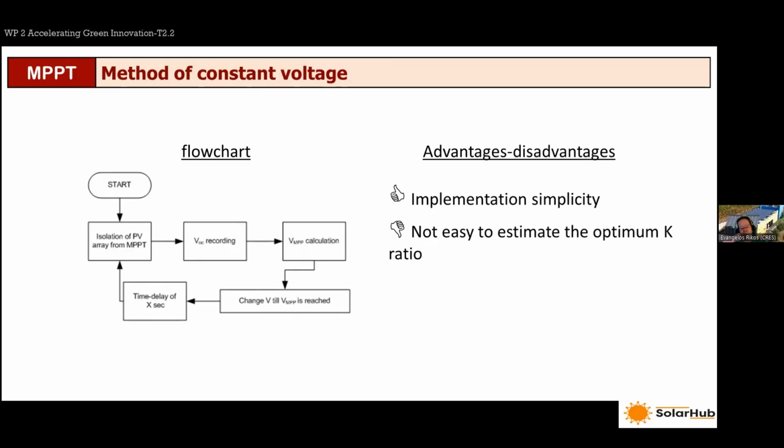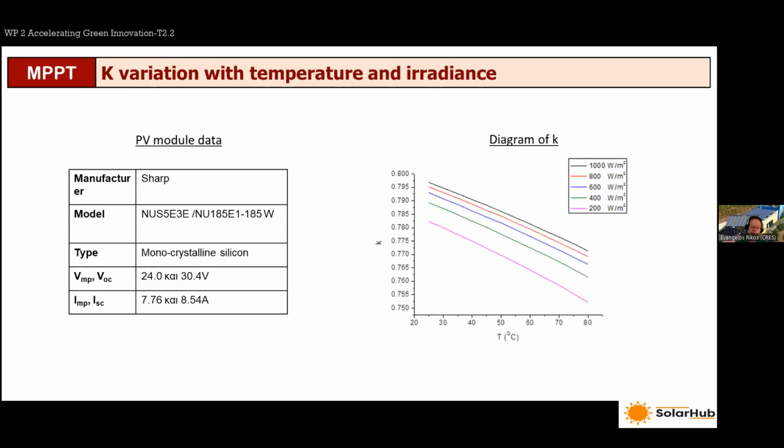And of course, this is a very simple method, but as I said before, the optimum K ratio is not easy to obtain, depending on the actual operating conditions. Take, for example, this specific PV module.